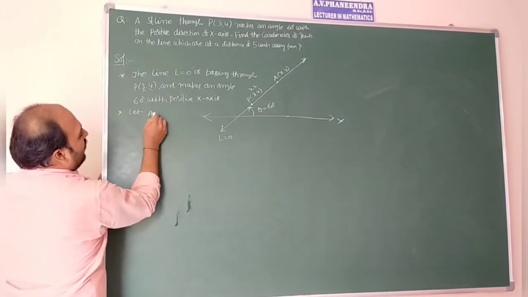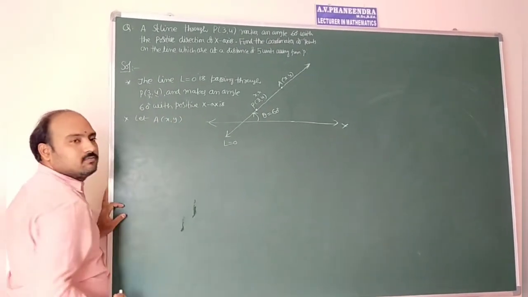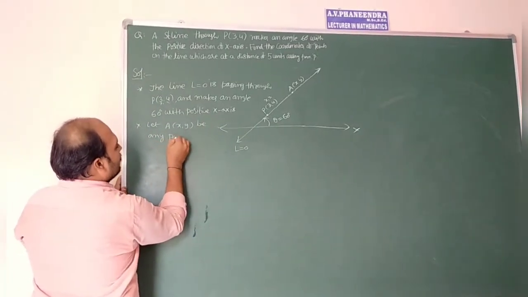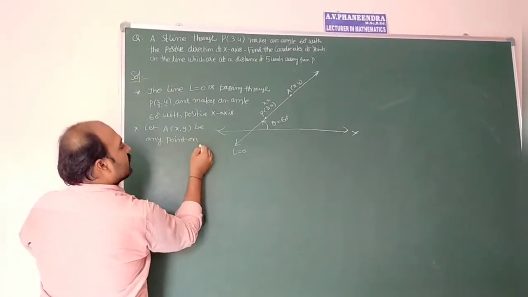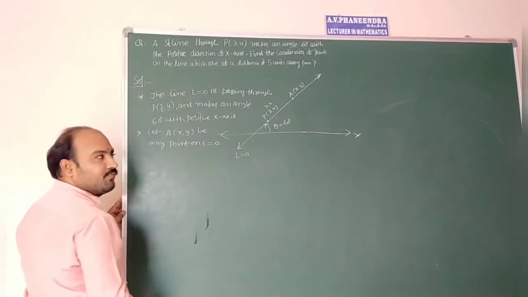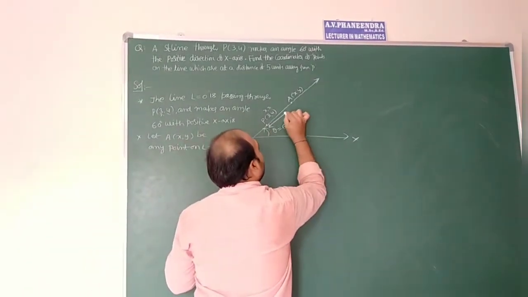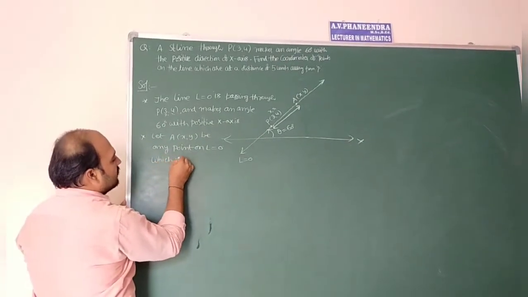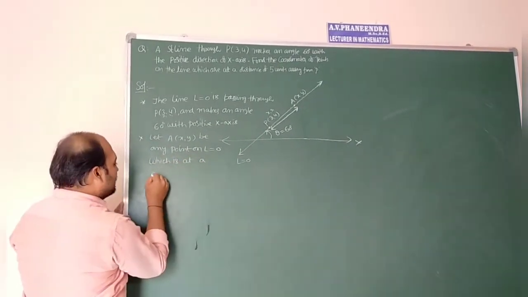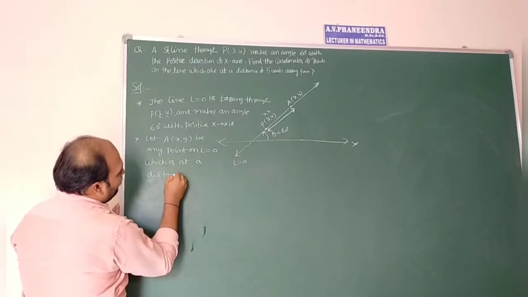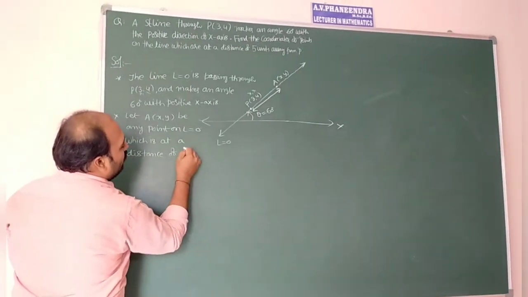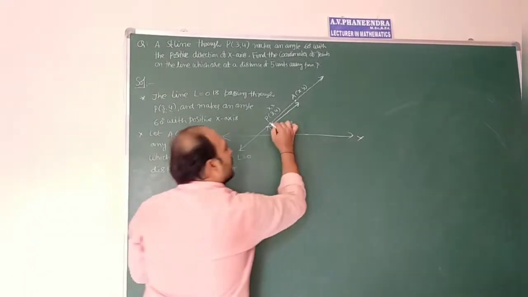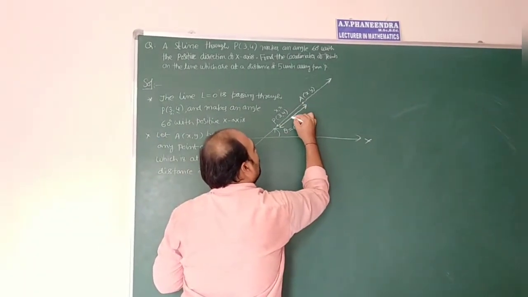Let A of x comma y be any point on L is equal to 0, which is at a distance of 5 from P. So from here to here the distance is given as 5 units.